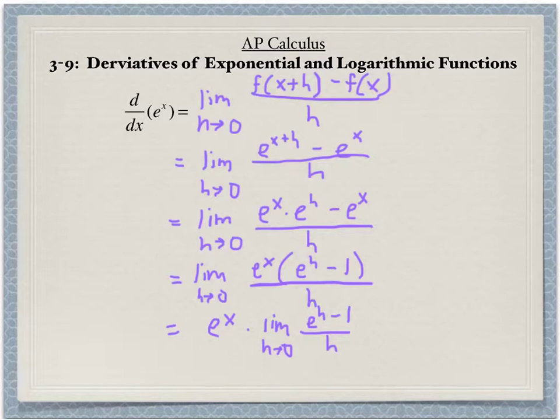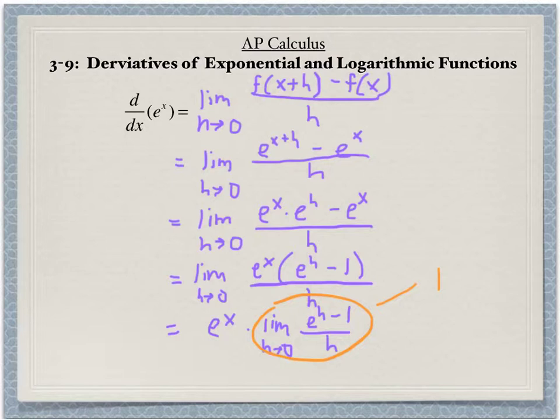And actually, we can't really do too much more with this expression right here, but if you did graph it out, we would see that this whole expression is actually going to be equal to 1. It is beyond the scope of this class to do that algebraically, but we could just graph it and see that that's the case.